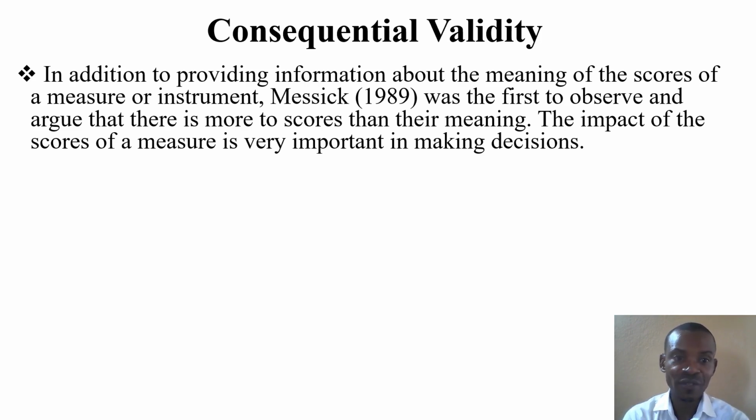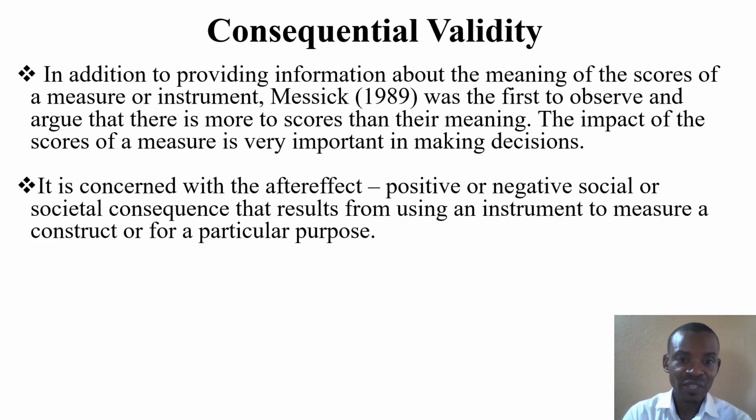The impact of the score of a measure is very important in making decisions. It is this, considering this impact of a measure, that is called consequential validity, and that is why it is said to be concerned with the after effect of the measurement.